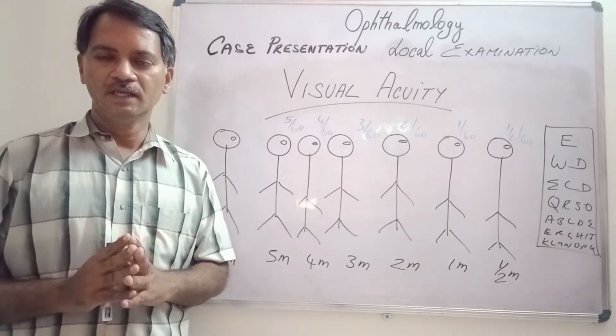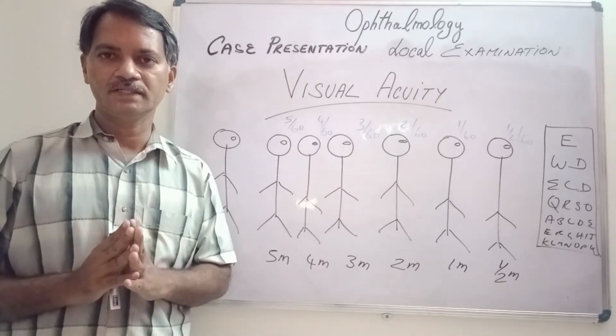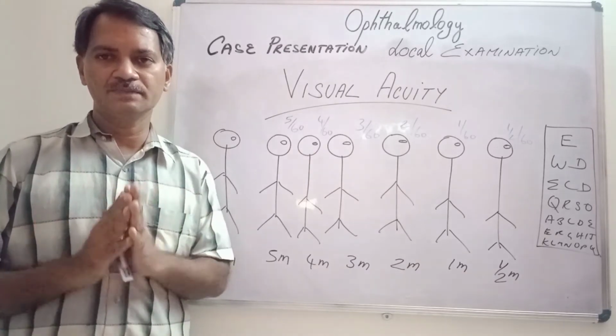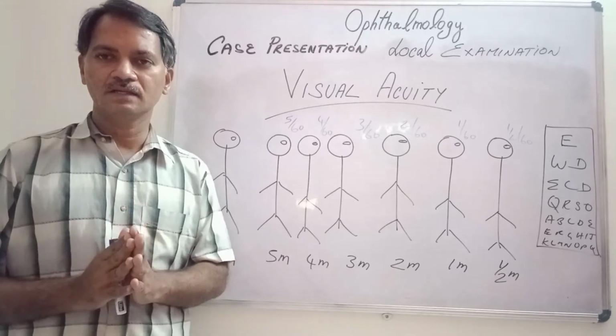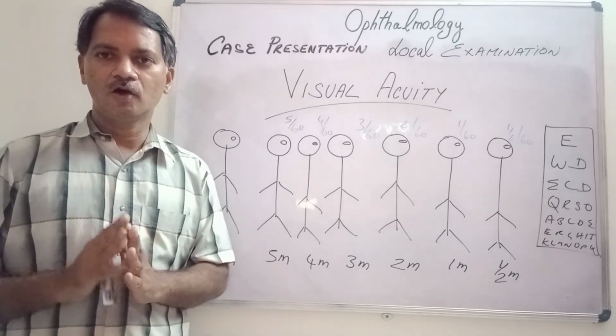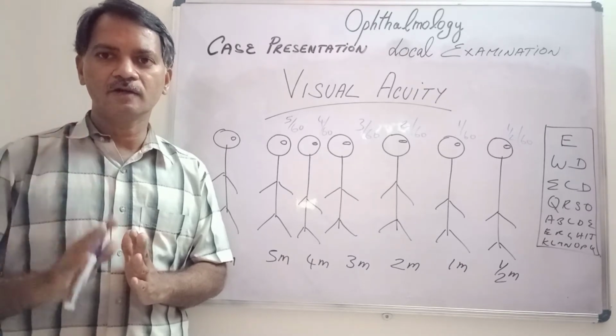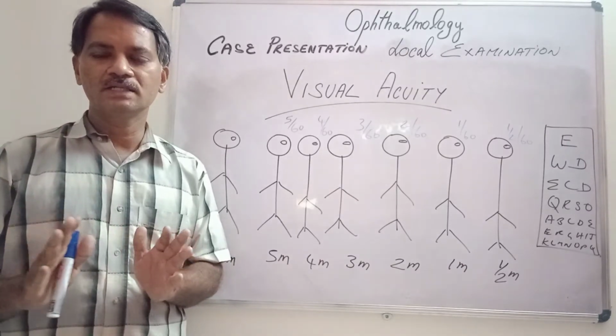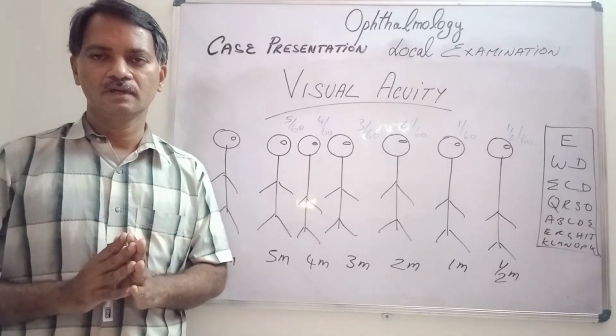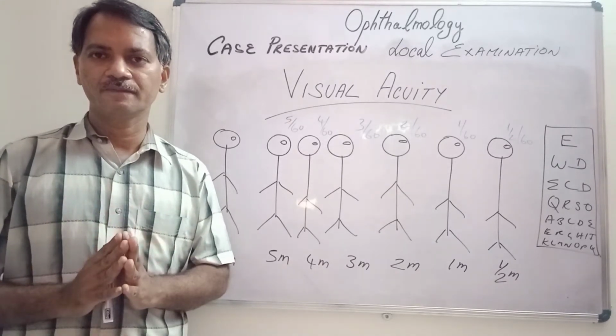Suppose, if the visual acuity of the patient is not even 6 by 60, that is, the eye cannot read the topmost letter also from a distance of 6 meters. What we have to do next?